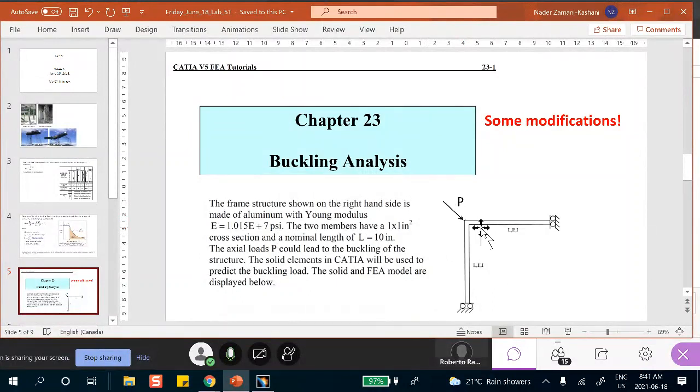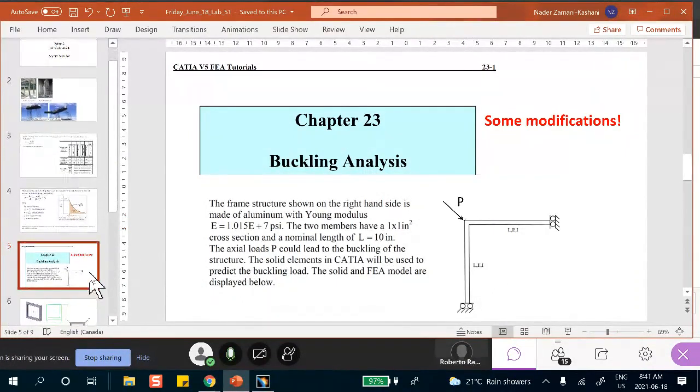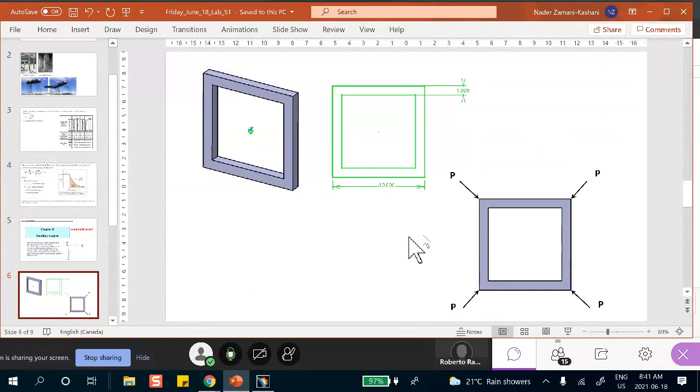Now, I drew it like this, but you can also visualize it a different way. So I'm going to go down here and show you something. It could be this. If you have a square-like object like this, and you compress it in all directions at the corners at 45 degrees, this is a plane of symmetry, and this is a plane of symmetry.